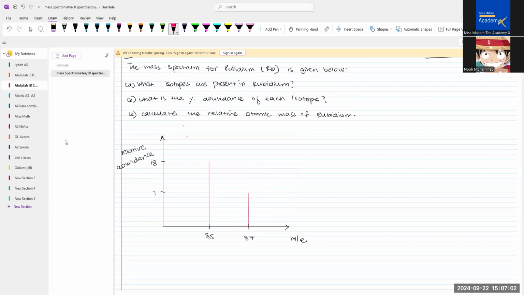This is what they've given us in the question. And part A is asking, okay, do you want to revise the mass spectrometer thing or do we just start with the question?